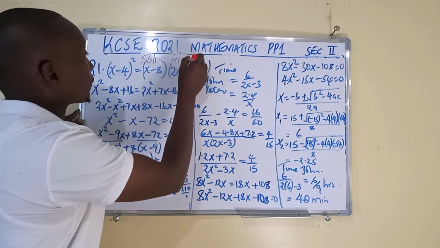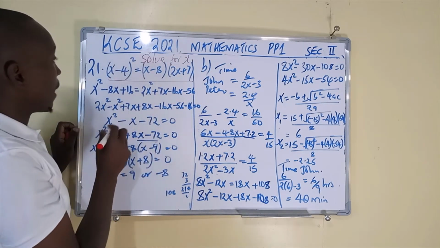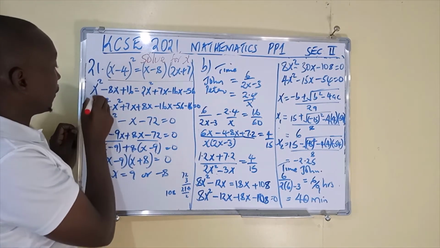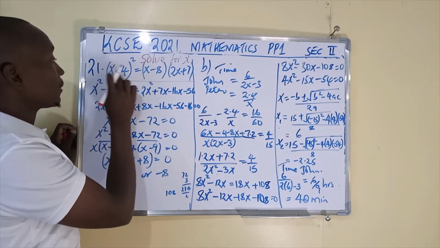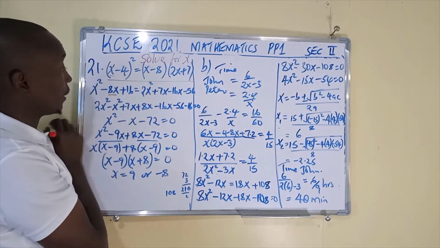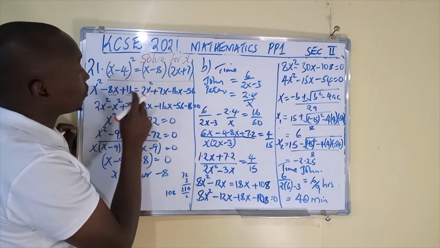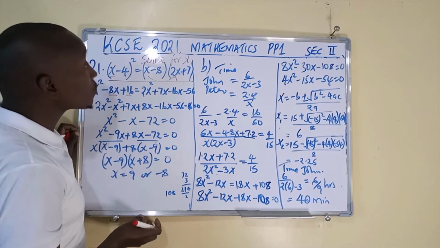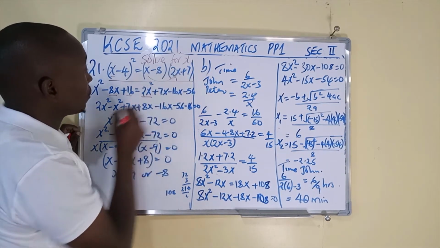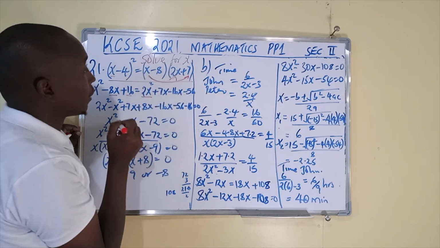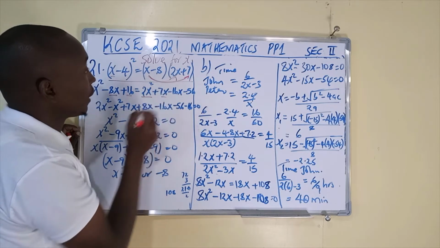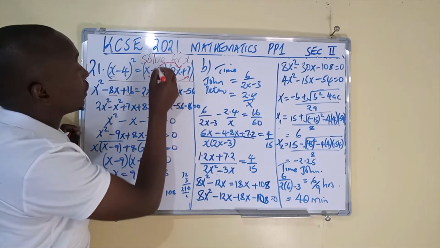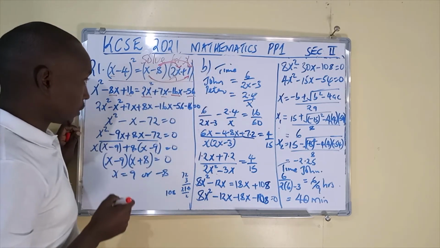Solve for x. The issue here is to expand, like we did before with quadratic identities. So this is x squared, then x times negative 4 times 2, again, negative 8x, then negative 4 squared, equals, on this other side, x times 2x, that is 2x squared, then x times 7, that will be 7x, then you'll have negative 8 times 2x, you get negative 16x, then you have negative 8 times 7, negative 56.